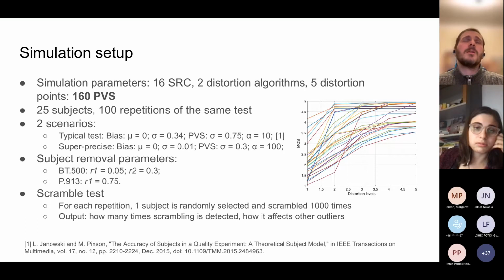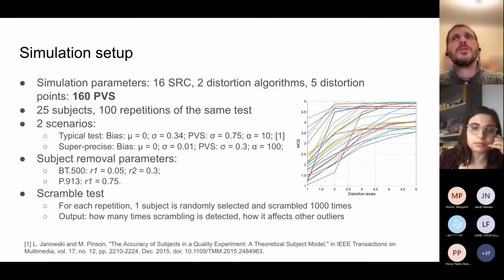And exactly the same we can then compare to MLE as well, because with MLE we are not removing whole subjects, we are just scoring lower the value for particular scores given by those who are less reliable. And then again, we can test the statistical difference between PVSs and see if we see more or less depending on the method we use.